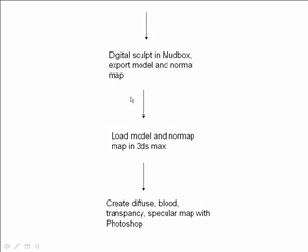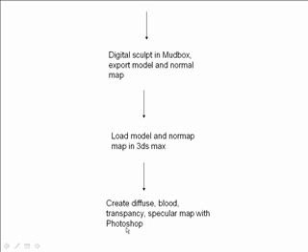And you will export the hand model from 3ds Max to Mudbox. You will do digital sculpting in Mudbox to add detail, wrinkles, and bumps, and you will export the model and normal map. In 3ds Max, you will load up the normal map and create diffuse, bump, transparency, specular maps, etc. Create them in Photoshop and apply them to the hand model.